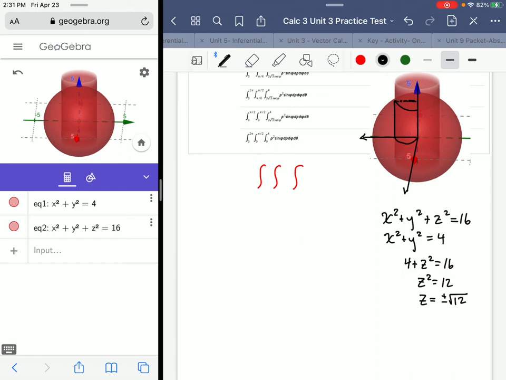Now, in terms of a rho value, we're looking for the distance outward.